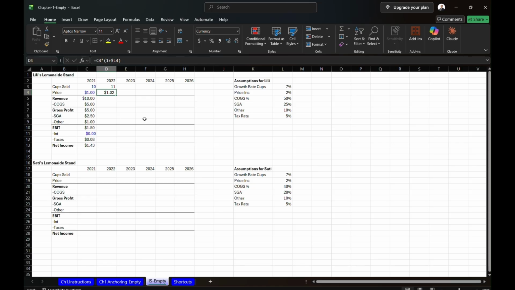And that is all we really need to do, because now we have set everything up already. So now if we go into cell D5, here you'll see it's going to be the same formula that we did for revenue here, and the same thing for cost of goods sold.